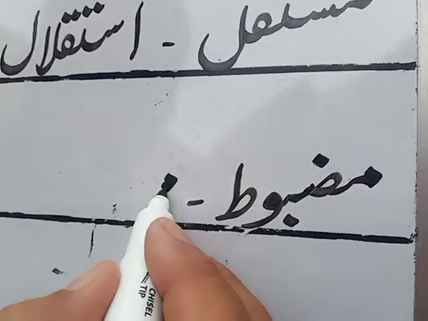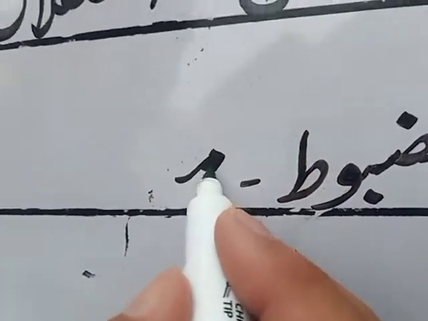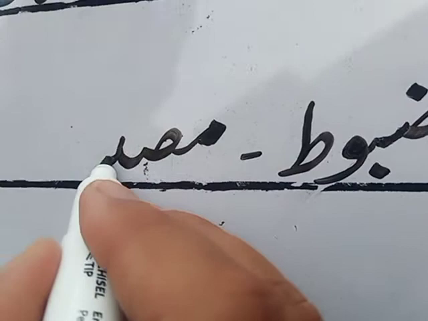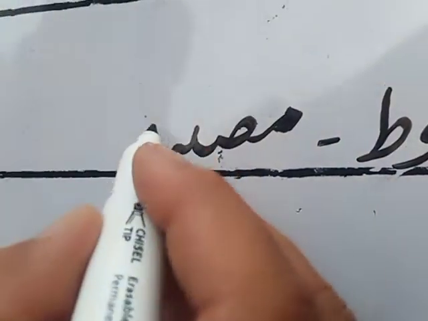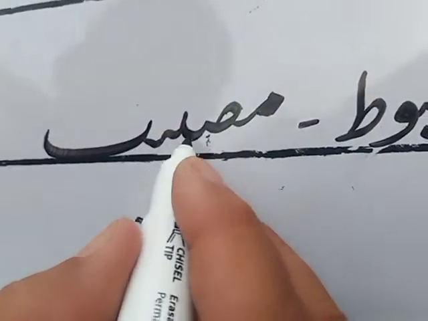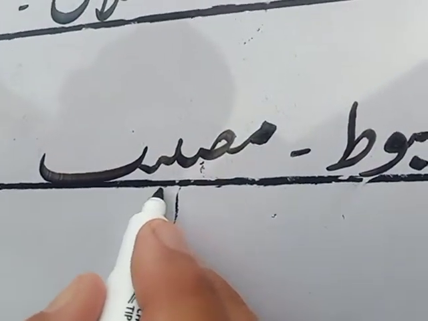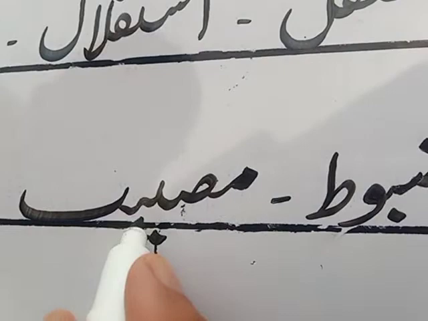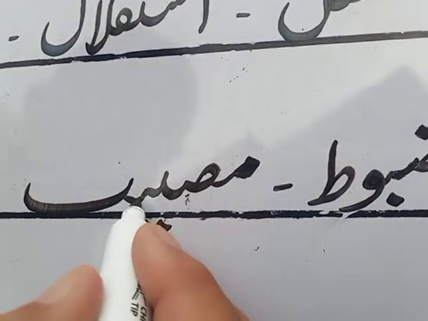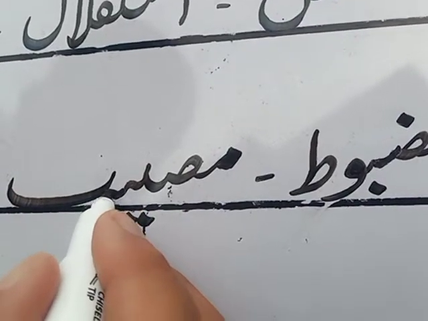Next word which I am going to write is musibat. You can write this word in this formation. Musibat. Shosha is written for ye, and be is in.